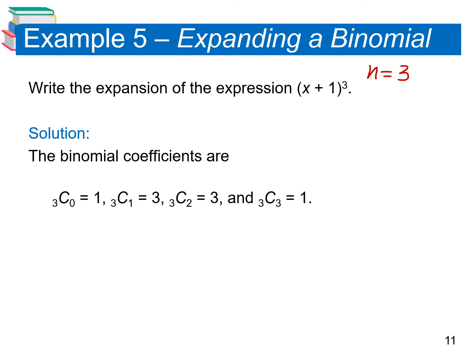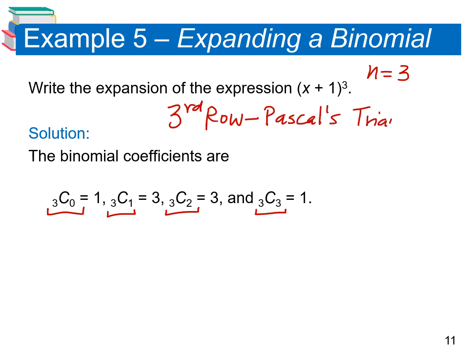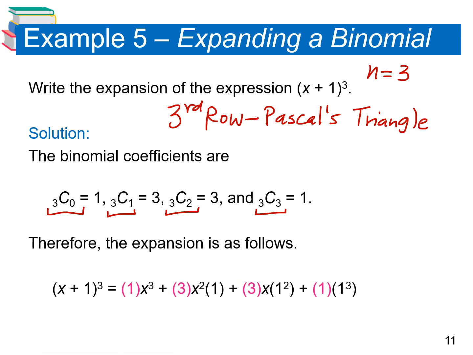So you can calculate the binomial coefficients using the combination formula as 3C0, 3C1, 3C2 or 3C3. If you want to use Pascal's triangle, then the third row of Pascal's triangle will give you the same binomial coefficients. So any method that you find easy, you can use for getting these binomial coefficients.